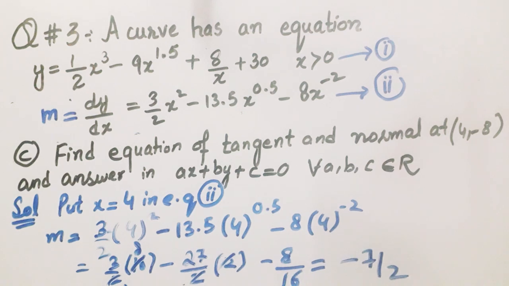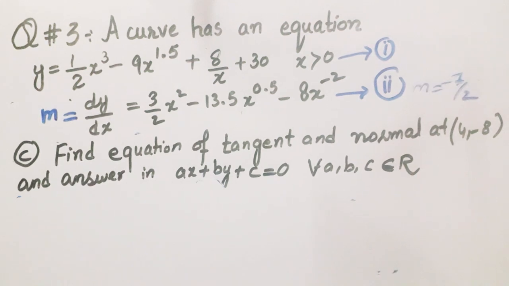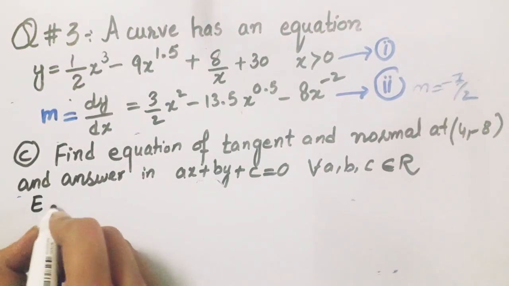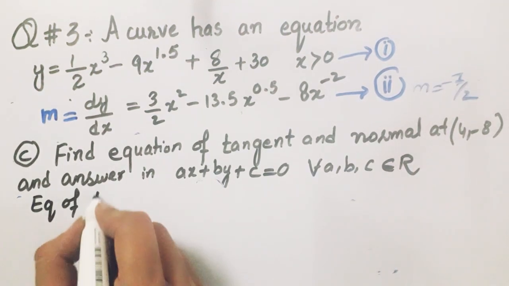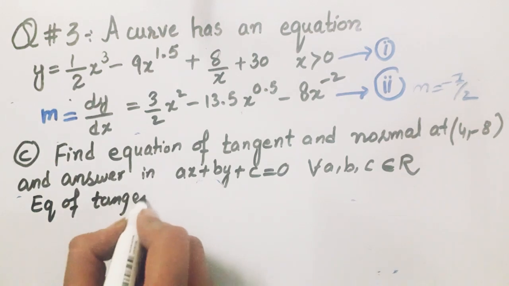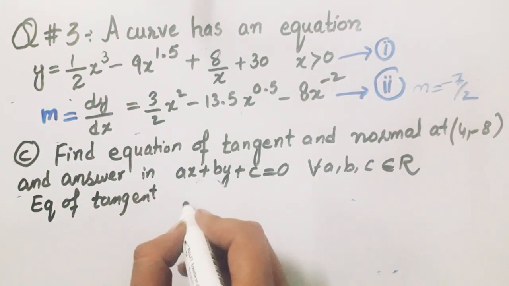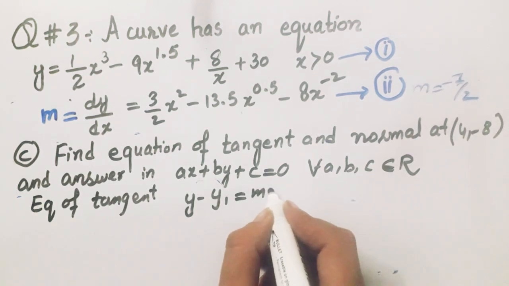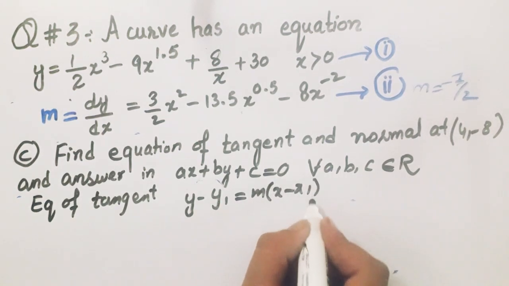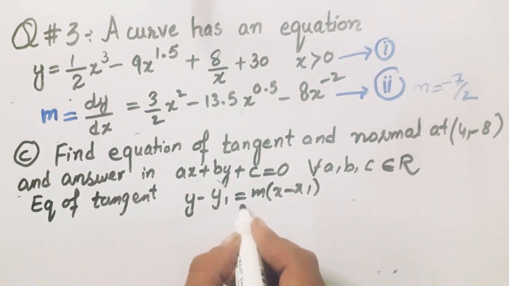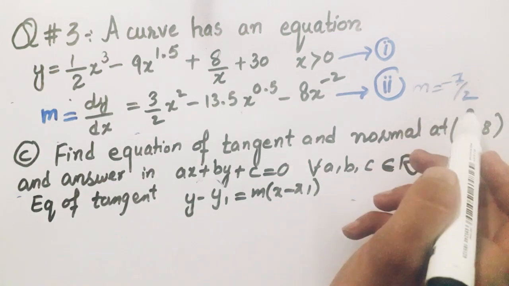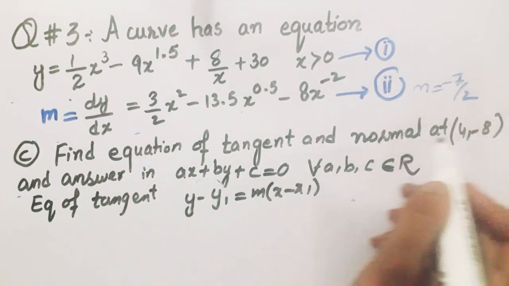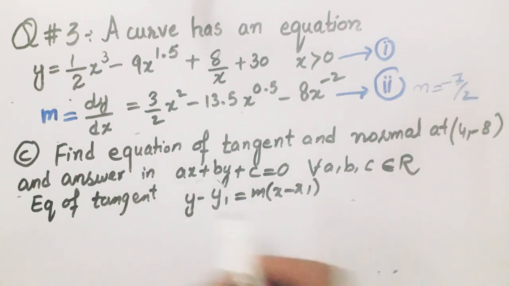Now we will find the equation of tangent line. The equation of tangent is y minus y1 equals m into x minus x1. So we will substitute the value of m, that is minus 7 by 2, y1 is minus 8 and x1 is 4 in this equation.